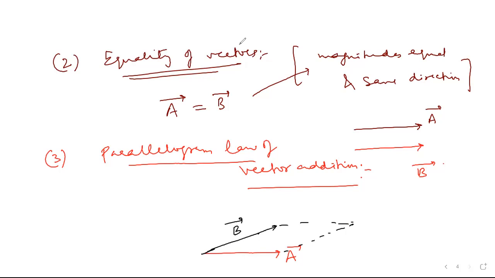Then from the vertex where the tails of vectors A and B join, I draw a diagonal. That diagonal gives me A plus B.